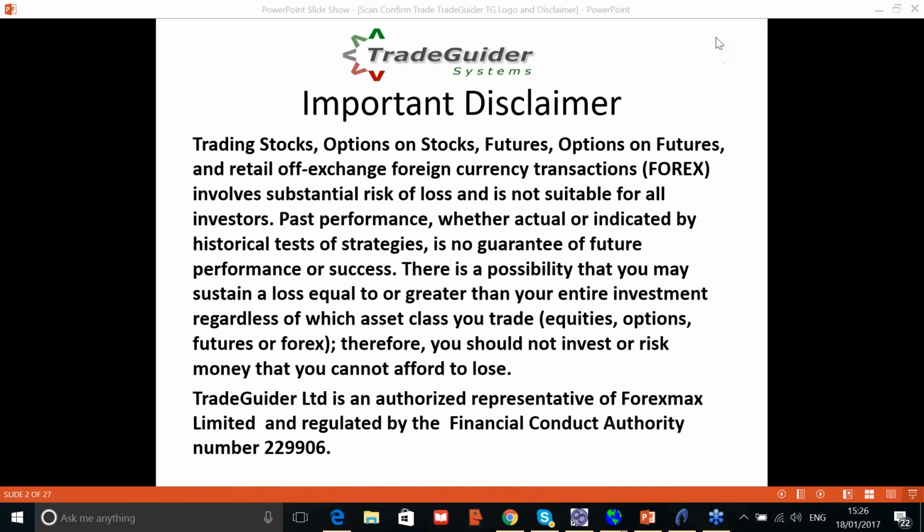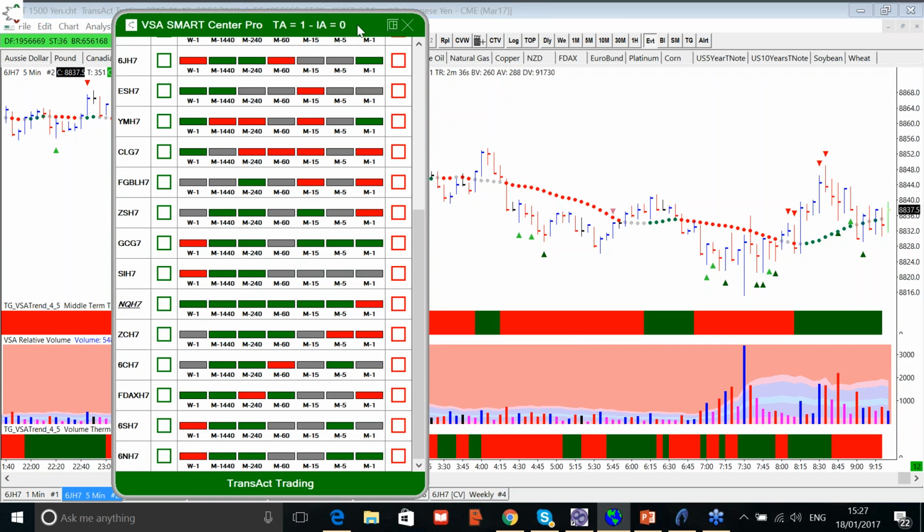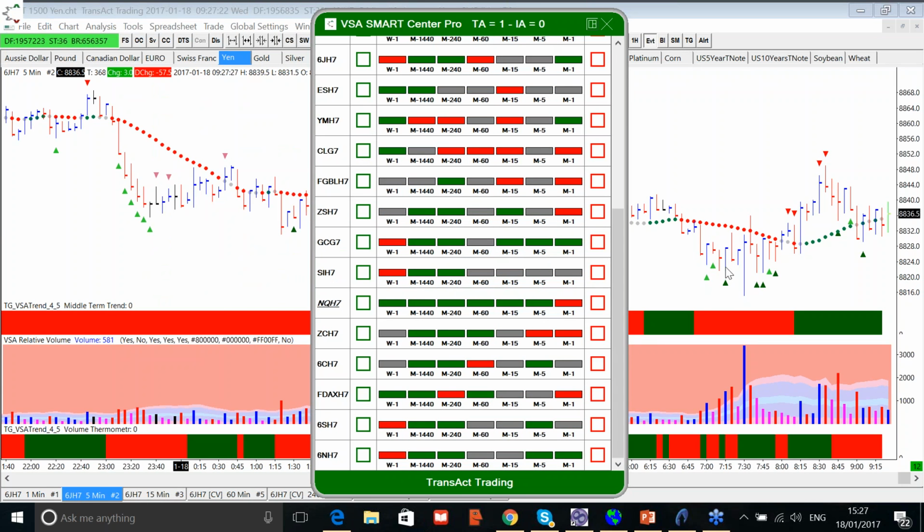All right, so let's move forward then and I'll just show you what we're going to look at as we go forward in today's seminar. So I'm going to give you a little clue. Please tell me when you can see my screen. You will be able to see, hopefully, the NASDAQ coming up. And again, just let me know when you can see it. You should be able to see Smart Center Pro for futures now.